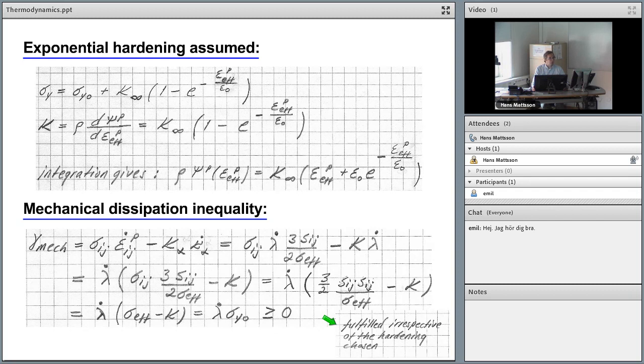It is, of course, important that we try to make constitutive models that are based on physical principles, and this second law of thermodynamics is one law that we believe is true, and it's not something that we should violate.